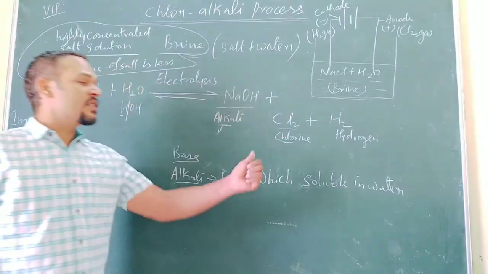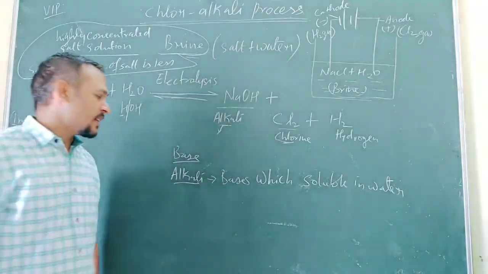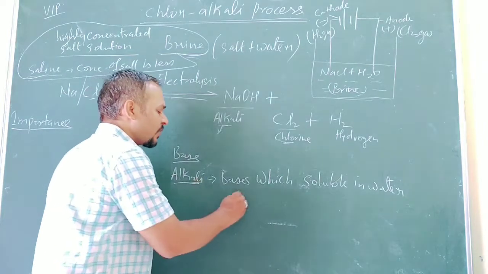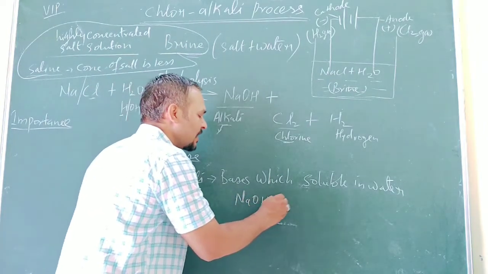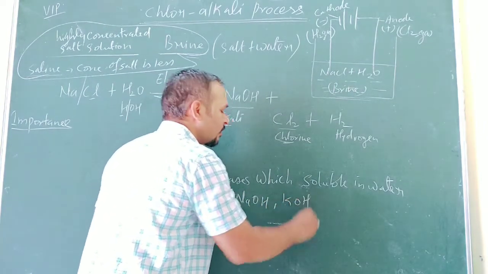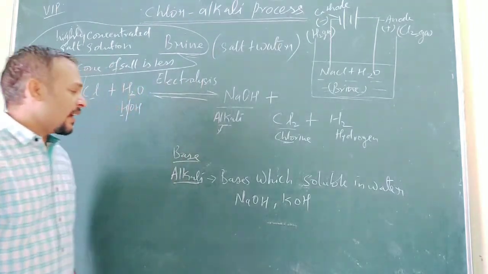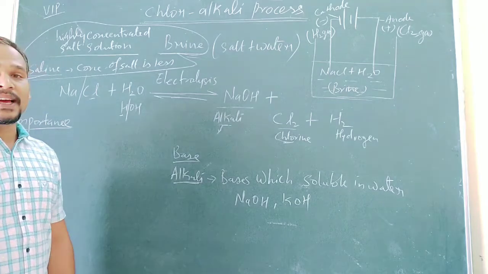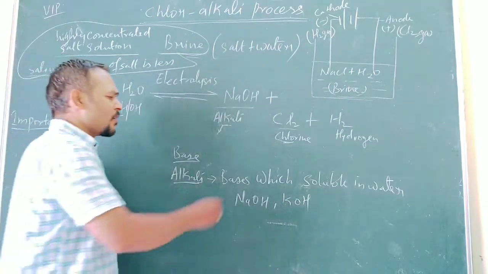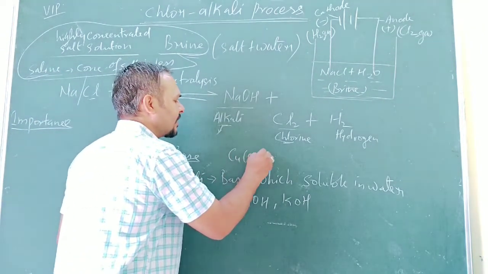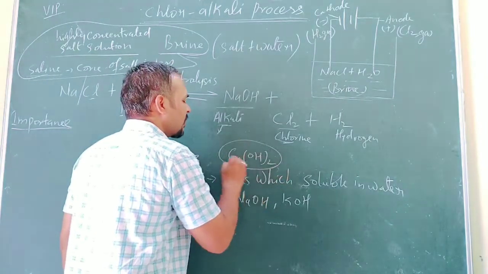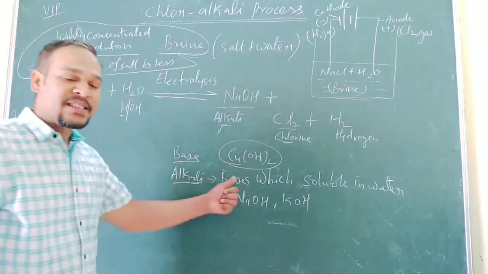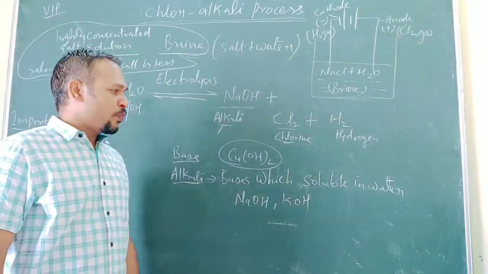So the bases which are soluble in water are called alkali. For example, NaOH, KOH, they are alkali. And the bases which are insoluble in water are not called alkali. They are simply bases. For example, you see copper hydroxide. They are insoluble in water. But since they neutralize the acid, that is why they are called base.